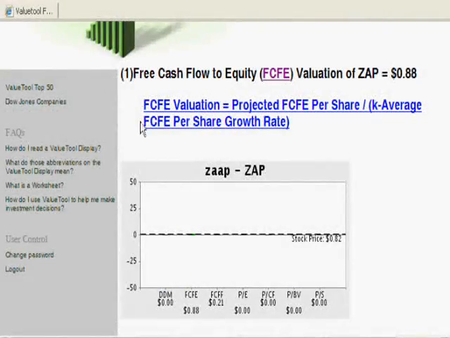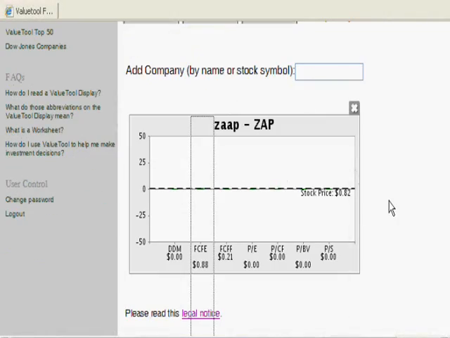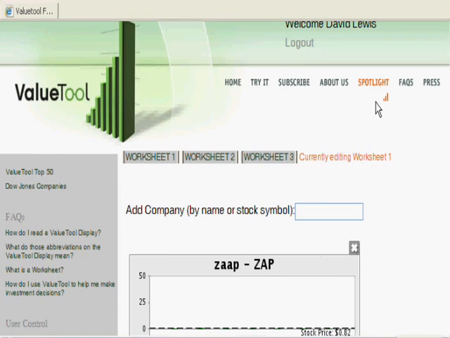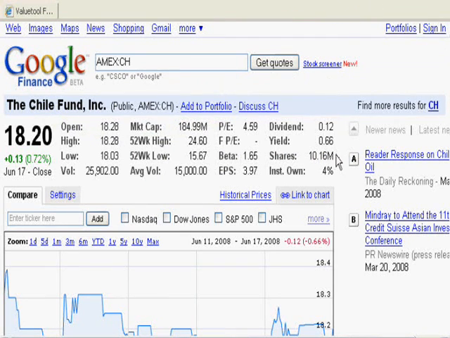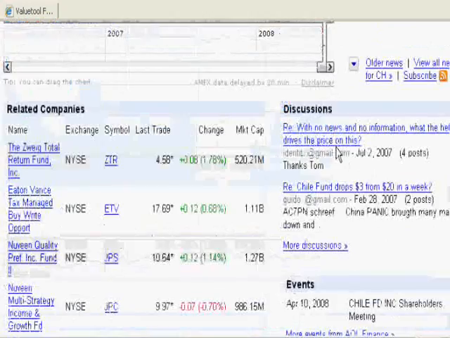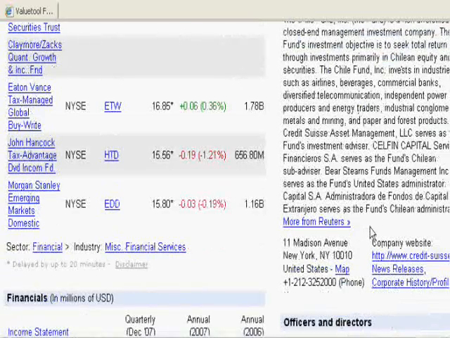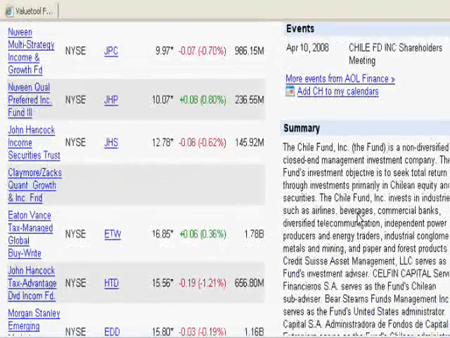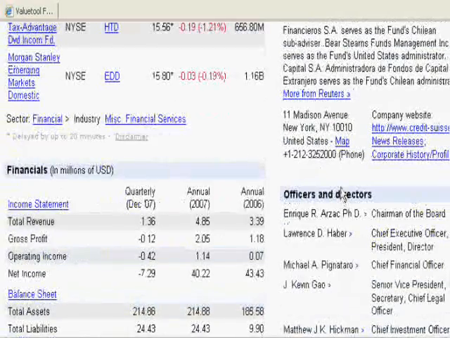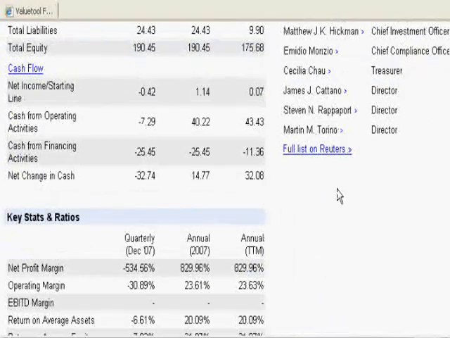Okay, the second company we're going to look at is the Chile Fund. The Chile Fund is a non-diversified closed-end management investment company, and it invests in numerous companies in Chile. This was obtained through Google Finance, but I'm sure you could find this company anywhere on the internet.